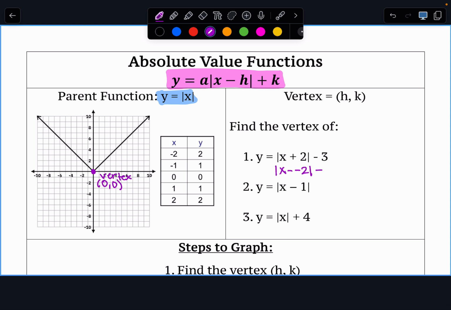Yes. And then it turns to a positive because it's two negatives. So this is telling us that we're going to go left 2. And this is telling us that we're going to go down 3. So our vertex is going to go left 2, down 3, and there is our absolute value.